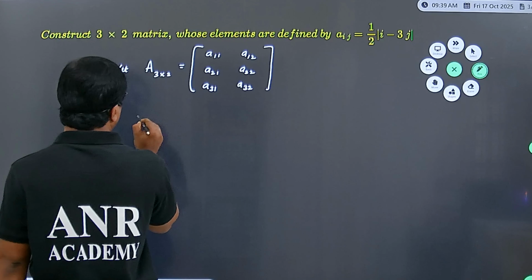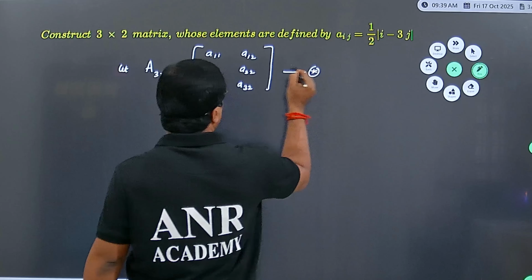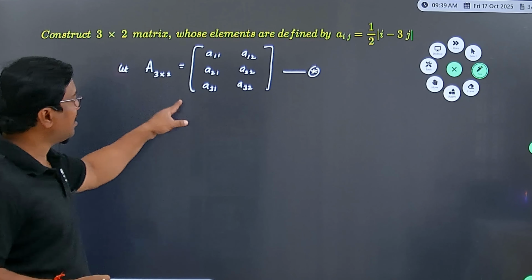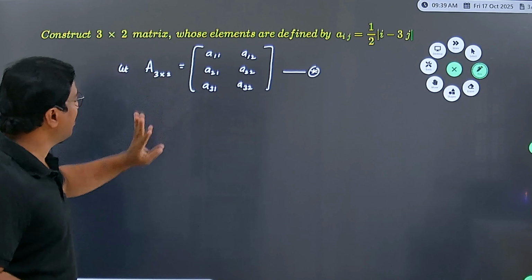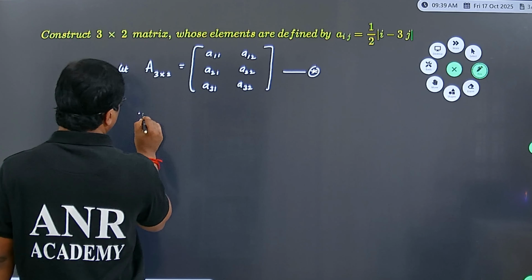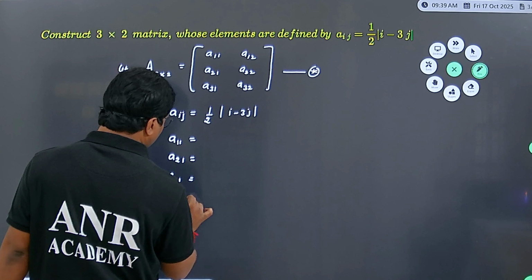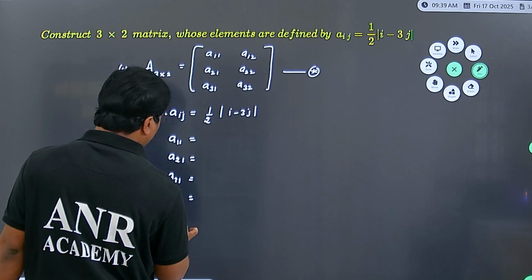So independently find the values of A11, A12, A21, A22, A31, A32 and then substitute them in the matrix A. Since A of ij is given as 1 by 2 modulus i minus 3j, first A11, next A21, after that A31, and then I am going to find A12, next A22, after that A32.